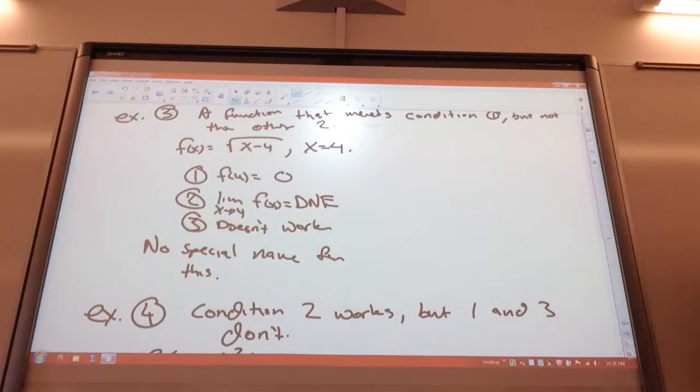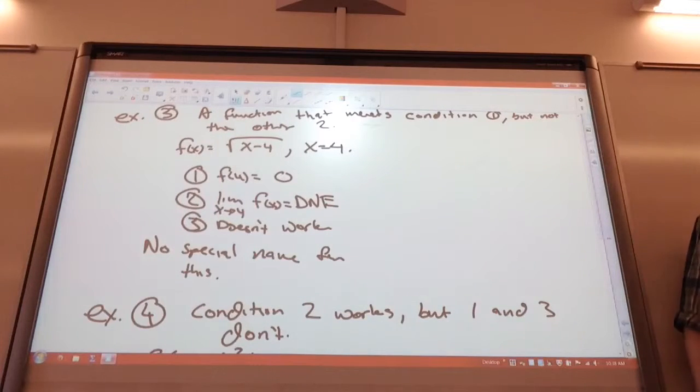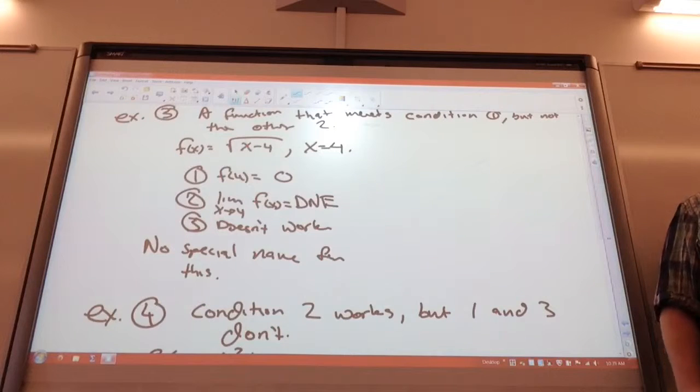So note how it can have the first condition met, but the other 2 fail. This particular case has no special name. You would just say that 1 worked, but 2 didn't. There's just no special name for it.